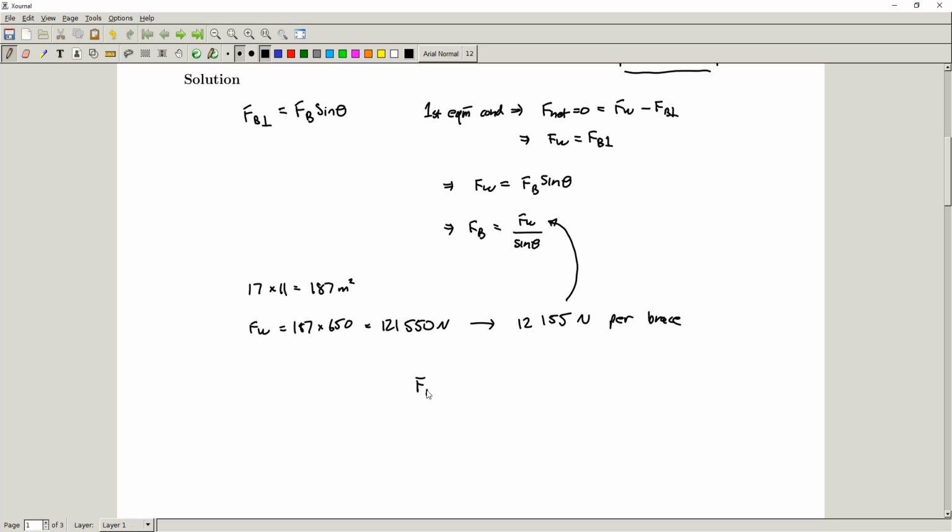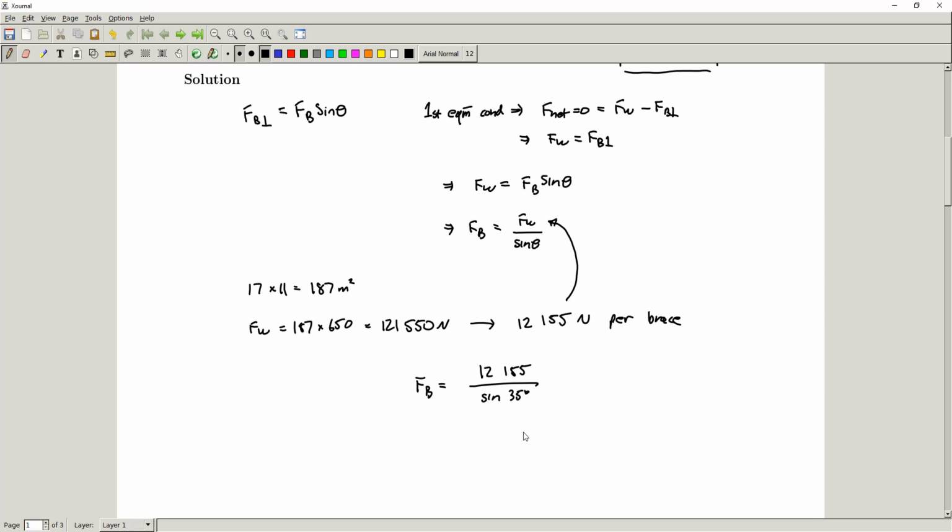If we do that, we end up finding that the force exerted by each one of those wooden stakes is simply going to be 12,155 divided by the sine of our angle, which was 35 degrees.